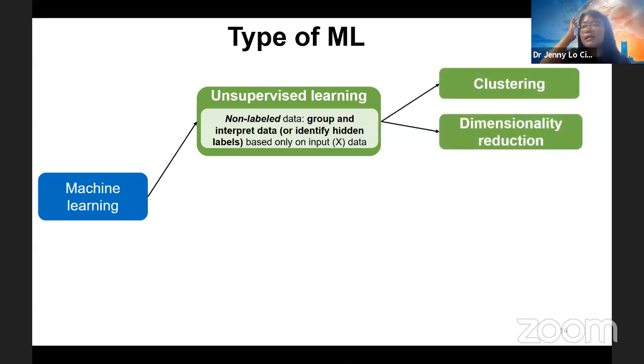So the techniques commonly used in unsupervised machine learning include clustering and dimensionality reduction. Dimensionality reduction is a commonly used technique in pharmacogenomic data, because in pharmacogenomic or genomic studies, you might have only very few participants, but with thousands or hundreds of genes or SNP information. So in that situation, traditional statistical methods are not going to work well. So you need to reduce the dimensionality.